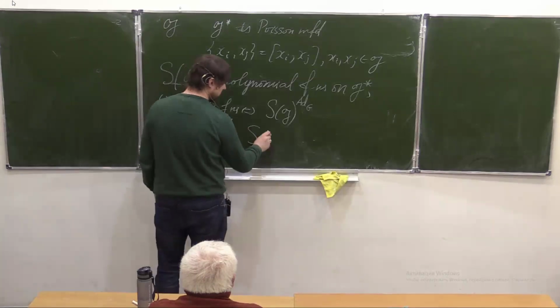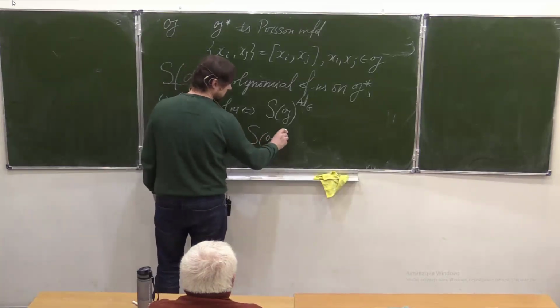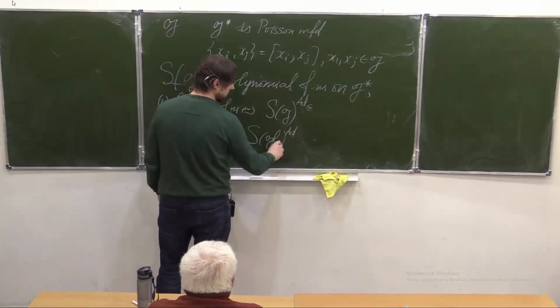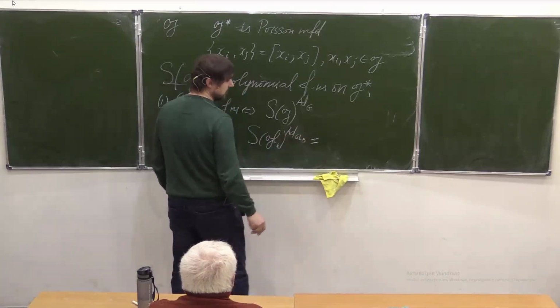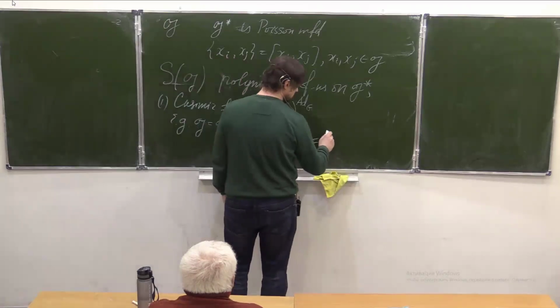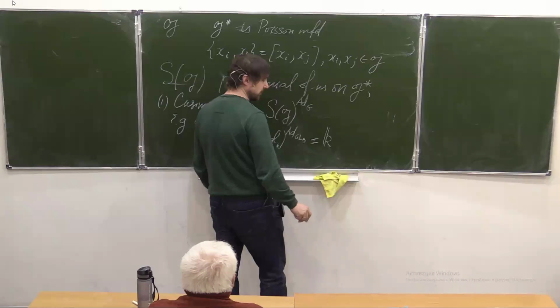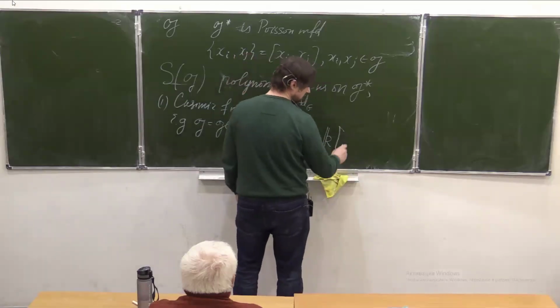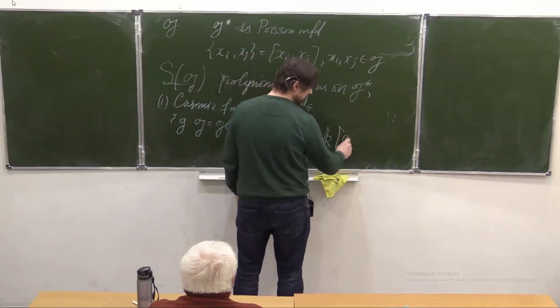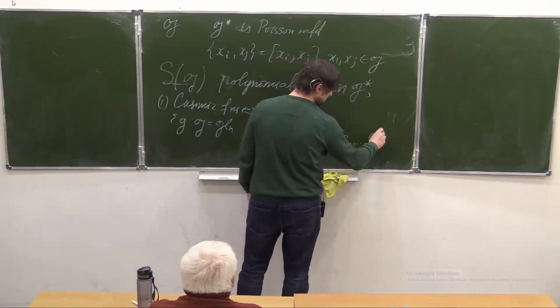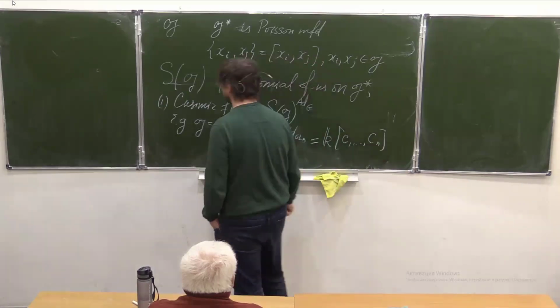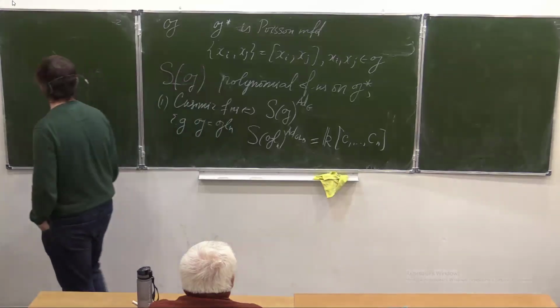This space is well known. It is equal to the free algebra over the ground field K, either real or complex numbers, doesn't matter, generated by n polynomials C1, ..., Cn, and one can choose these polynomials in many different ways.